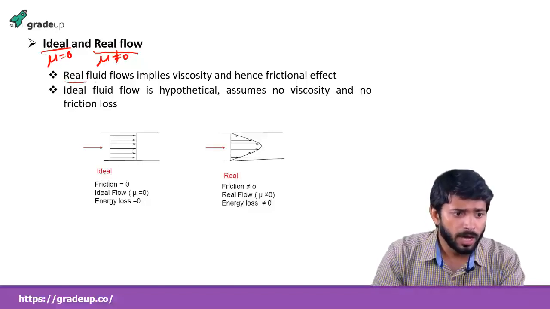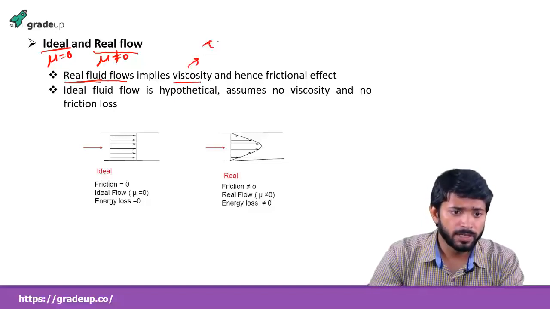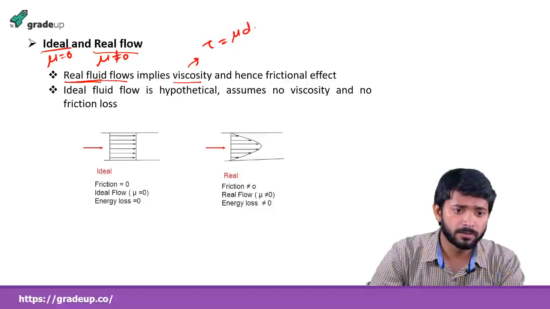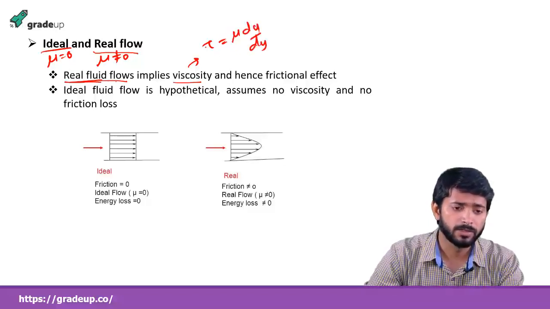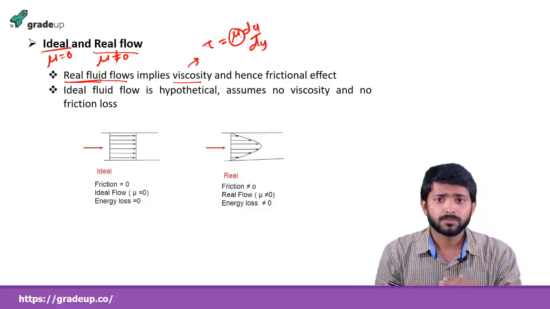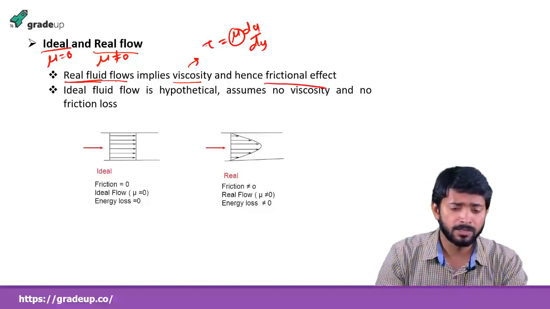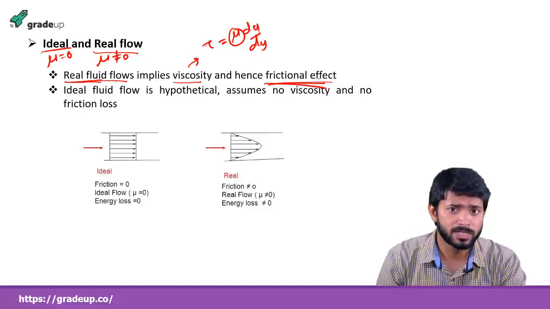A flow of real fluid implies viscosity, and we know viscosity from Newton's law of viscosity. Here viscosity is the resistance offered by a layer of fluid to another layer. So a friction effect is developed due to the viscosity, and hence frictional losses are there.